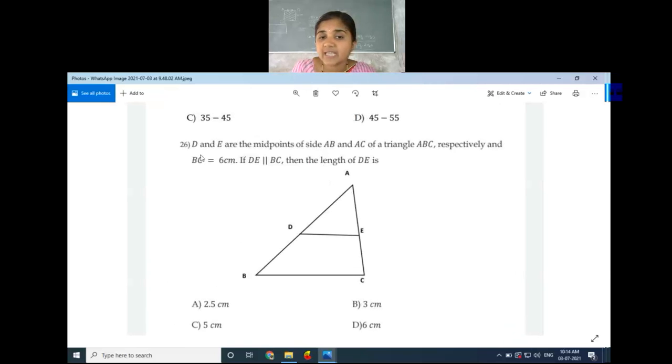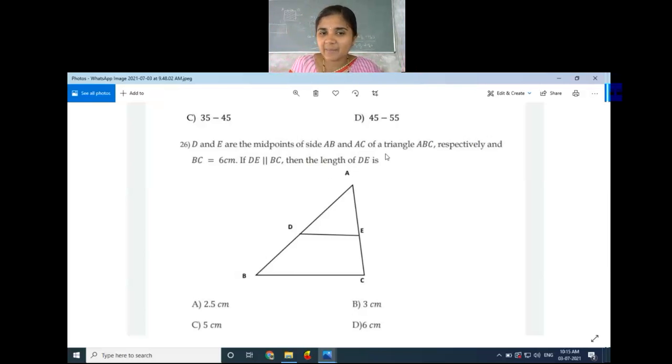Question number 26. D and E are the midpoints of sides AB and AC of triangle ABC respectively, and BC is 6 centimeter. If DE is parallel to BC, then the length of DE is dash.